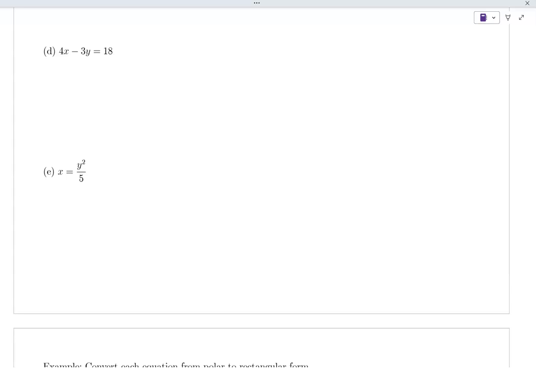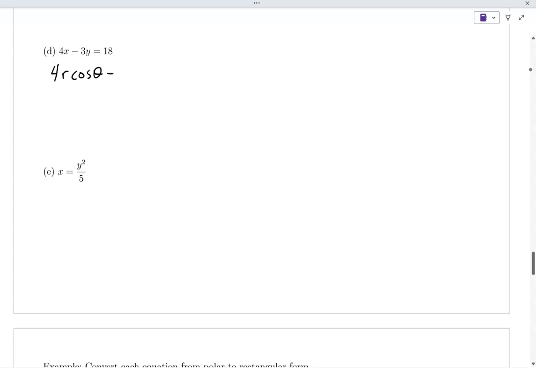So what should we plug in for x to convert it over to polar? What does x equal in terms of r and theta? R cosine, good. So we can do this as 4 r cosine theta.